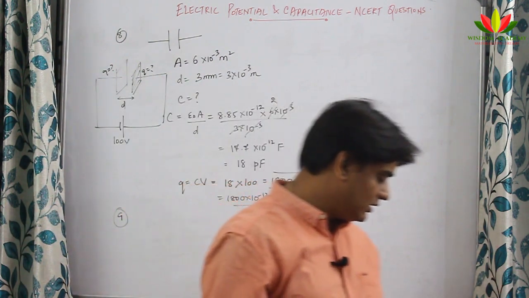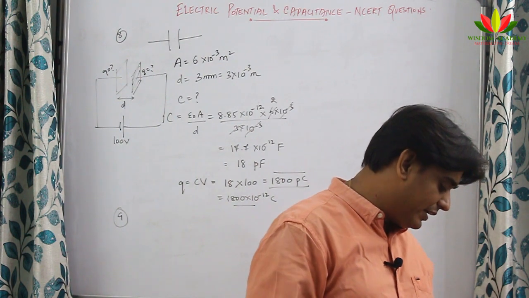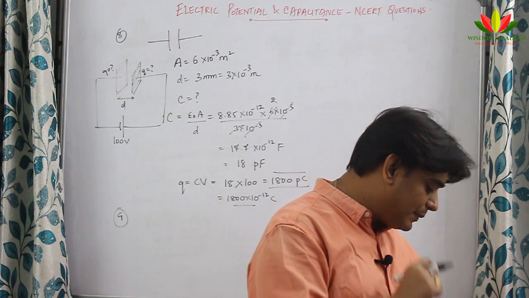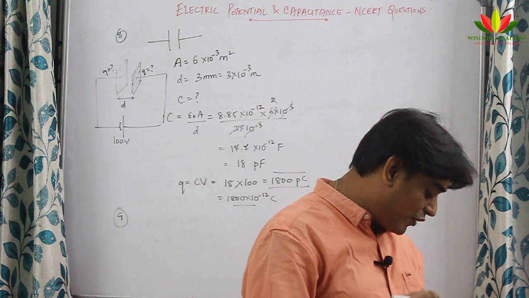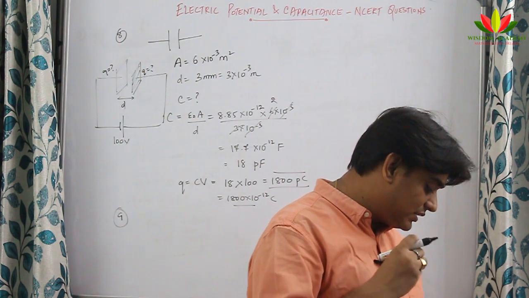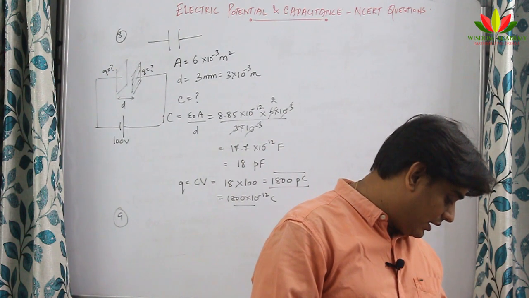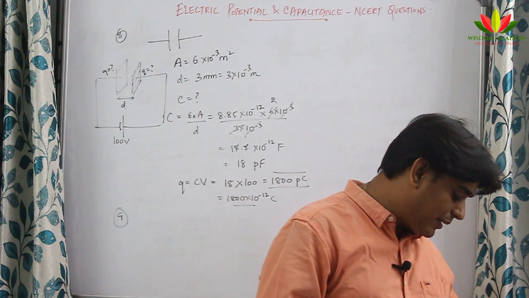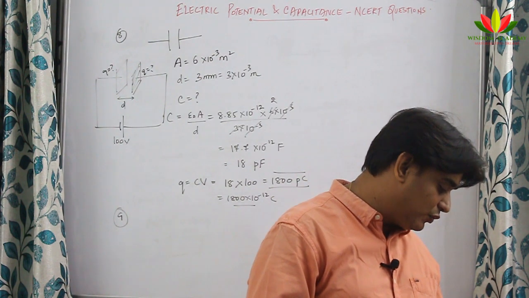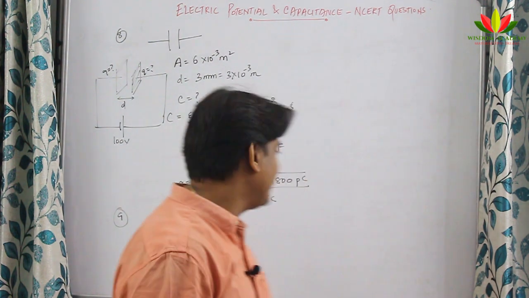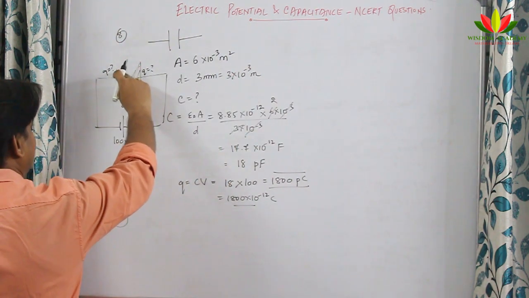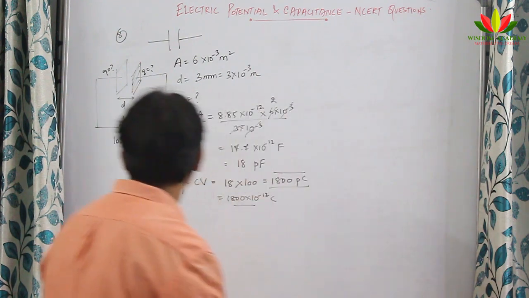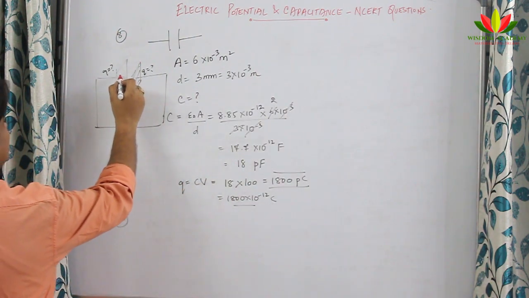Next question, explain what would happen if the capacitor given in the previous question, a 3 mm thick mica sheet of dielectric constant 6 was inserted between the plates while the voltage supply remains connected, and second part is after the supply was disconnected. So first what they are asking, that when the supply remains connected and in between the plates, I am inserting another dielectric material, and that is mica.